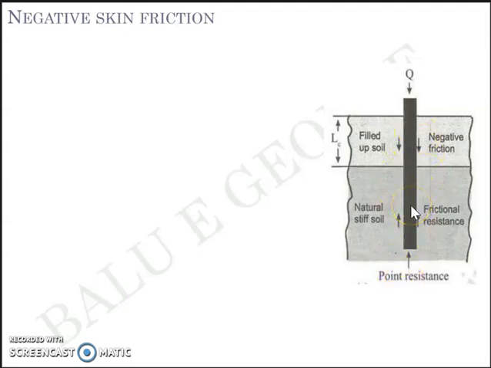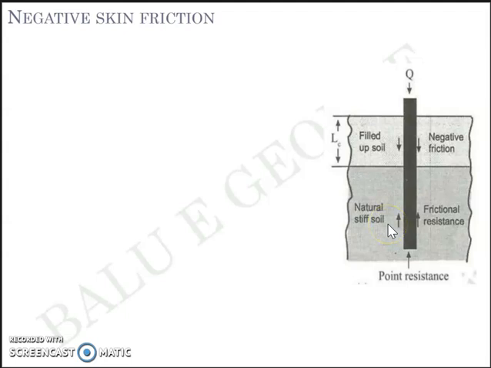Now if this pile of 10 meter length is installed in natural stiff soil, the soil will offer resistance against its downward motion, which means when the pile is acted upon by load from top to bottom or axially compressed, the soil will offer resistance upward, which is nothing but the skin friction. So the soil tends to hold the pile upward.